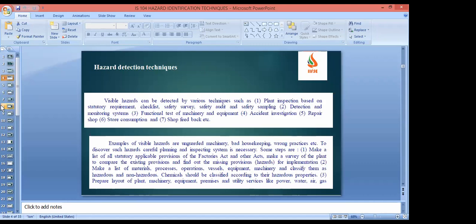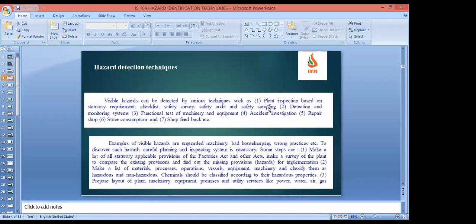Now we'll see some of the detection techniques. A visible hazard can be detected by various techniques, which means the hazard is able to be seen. By the human eye we are able to identify the hazard. How can we identify it?